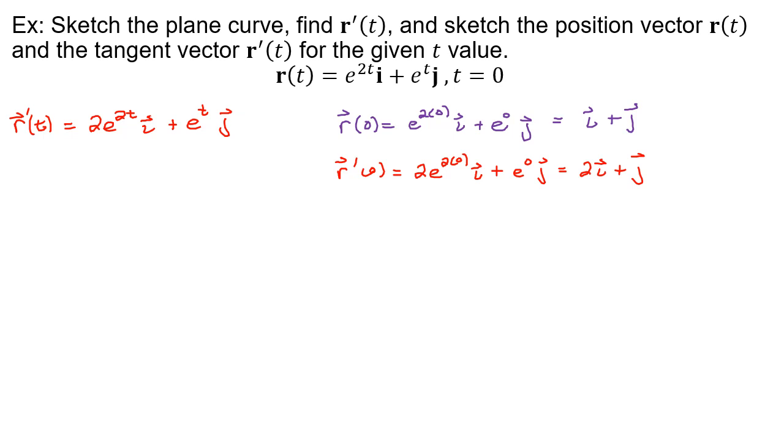Here we end up with something that kind of looks like a parabola, but it's turned on its side, I believe, if we try to do some points and such. So let's try this out and see what it looks like. So we'll have some t's, some x's, and some y's.